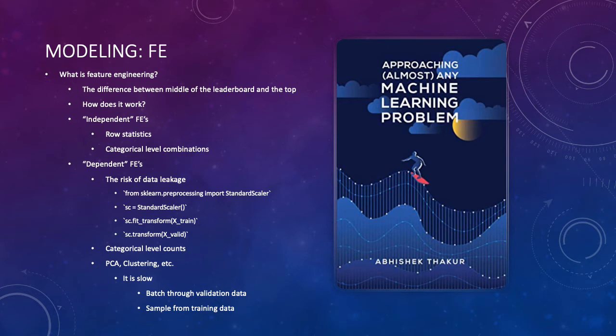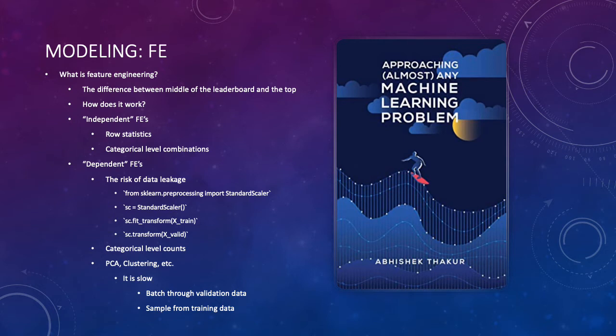If we calculate the mean, median, and mode for a single subject and append those as new features, that's fine. And also with categorical variables, if we have three categorical variables and we want to combine those into a single level as a fourth from our three original ones, that's fine.